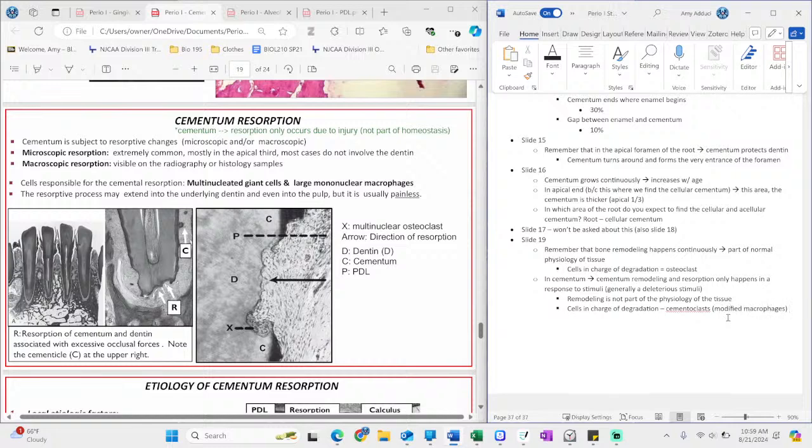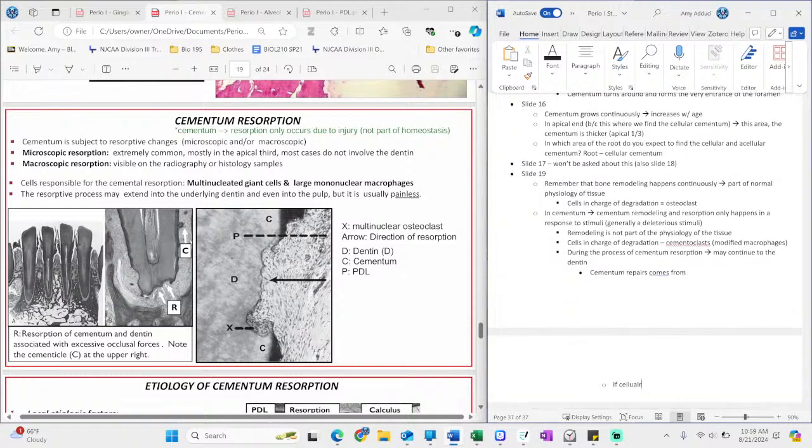And during the process of cementum resorption, that resorption may continue and go over the dentin. And this is why we then need to repair this cementum. The cementum repair is going to come mostly in two possible ways. If this area was cellular cementum, the cells close by, particularly the cementoblasts up here, are going to grow into this area and repopulate the cementum.